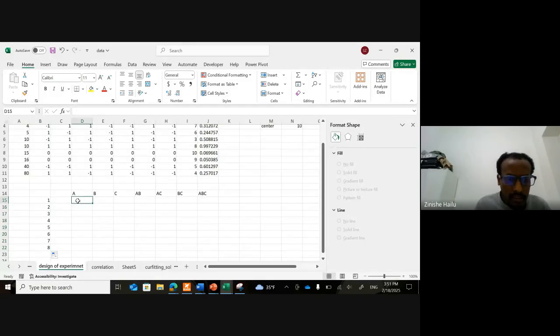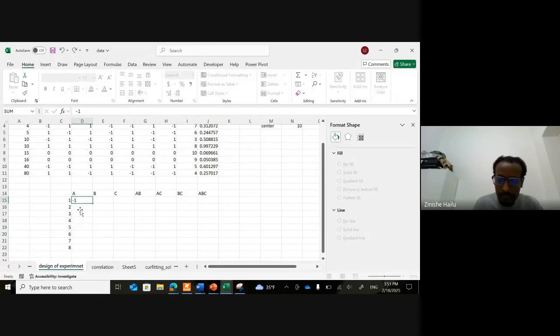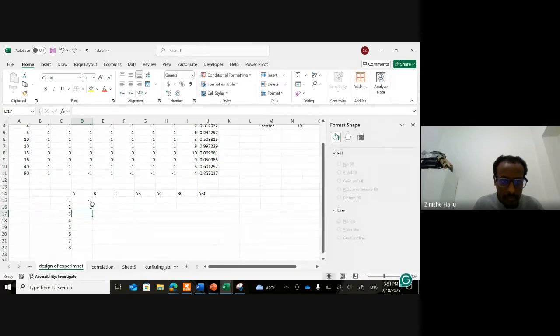And then for A, I'll put -1, the minimum, and the maximum. Minimum, maximum. This is the design. And for the B, minimum, maximum. This is the design.